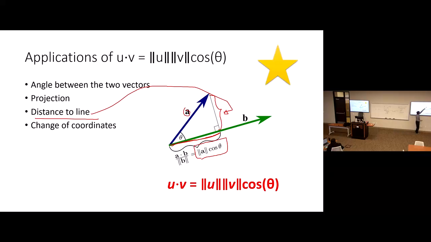So if I give you a point, a number that vector A indicates, you can very quickly compute its distance to a line defined by B using this Pythagoras theorem. So you know this, you know that, you can easily compute the distance. So there's another application.